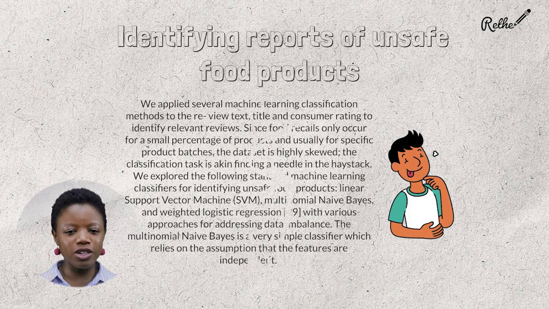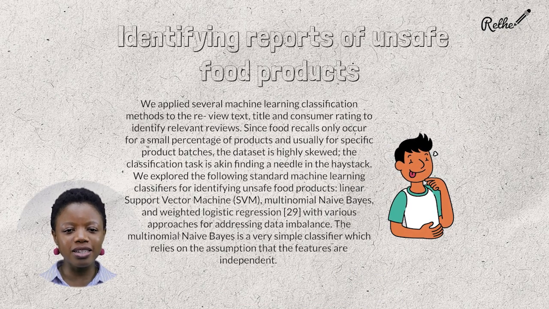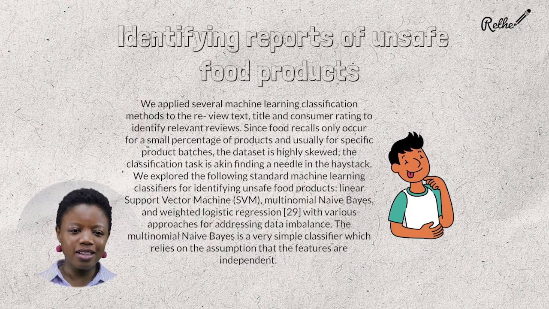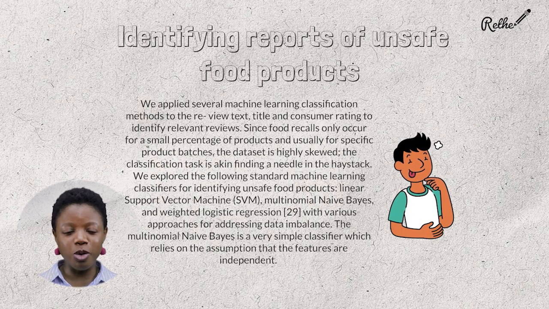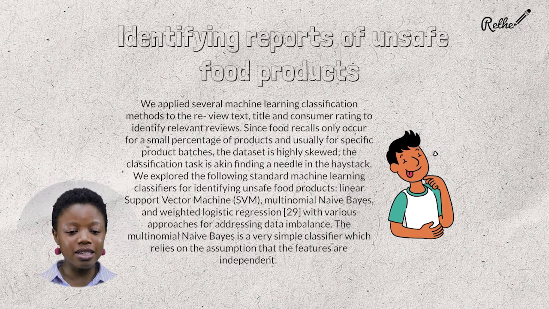This subheading describes the final step of our analytical process. This is the step that answers our main research question. We applied several machine learning classification methods to the review text, title, and consumer rating to identify relevant reviews. Since food recalls only occur for a small percentage of products and usually for specific product batches, the dataset is highly skewed.